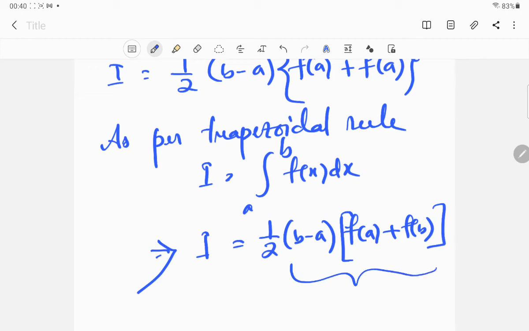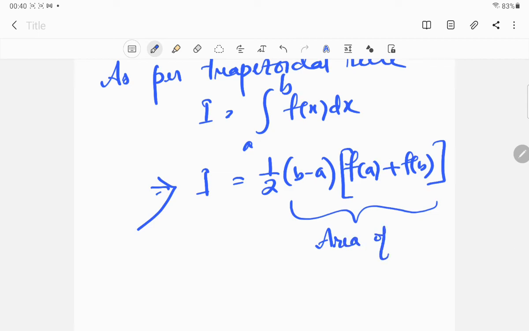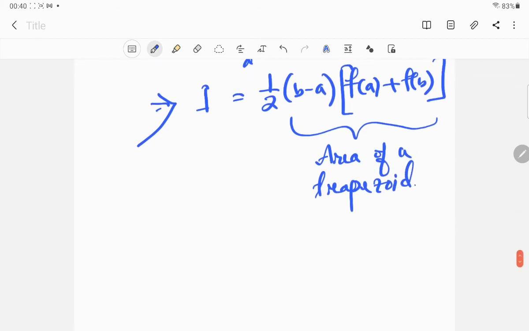Because this thing you can see is nothing but the formula for area of a trapezoid. What is a trapezoid? In a trapezoid, two sides should be parallel, and the other two sides are not parallel. Okay, so that is called trapezoid.